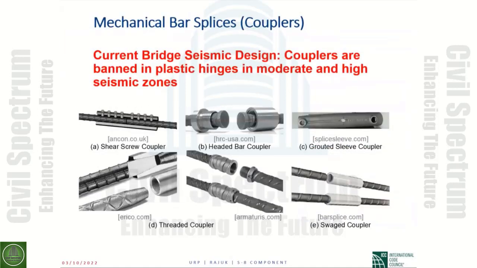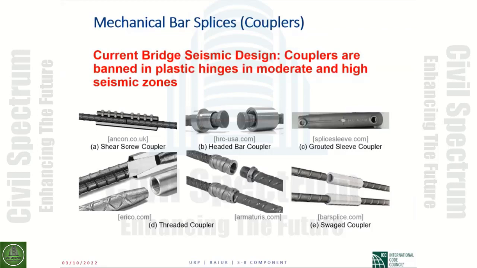Now, let's talk about couplers. First of all, current seismic codes for bridges do not allow using couplers in plastic hinges. So we are trying to address that. Again, when it comes to moderate and high seismic zones, they're banned. Now, there's a variety of couplers out there.